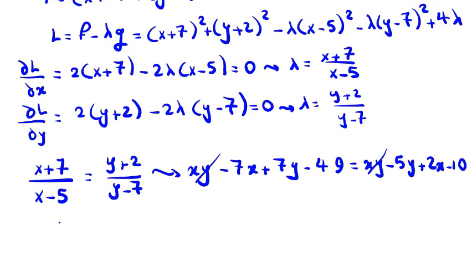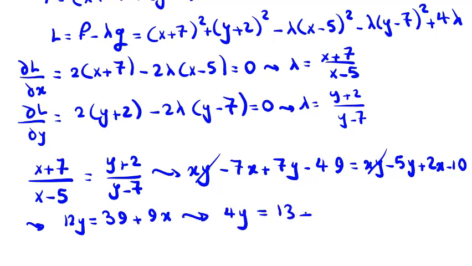So xy will be cancelled, and 7y plus 5y is 12y, and equals 49 minus 10, 39, plus 7x plus 2x is 9x. So if we divide both sides by 3, 4y equals 13 plus 3x.